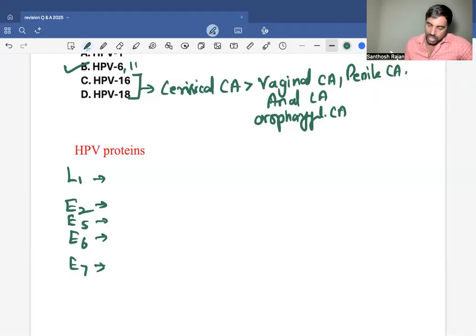I'm going to write L1 here. L1 is needed for making the vaccine.